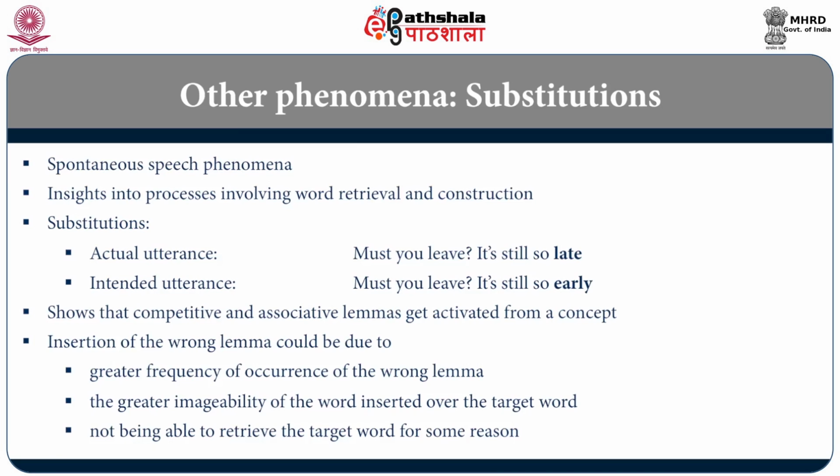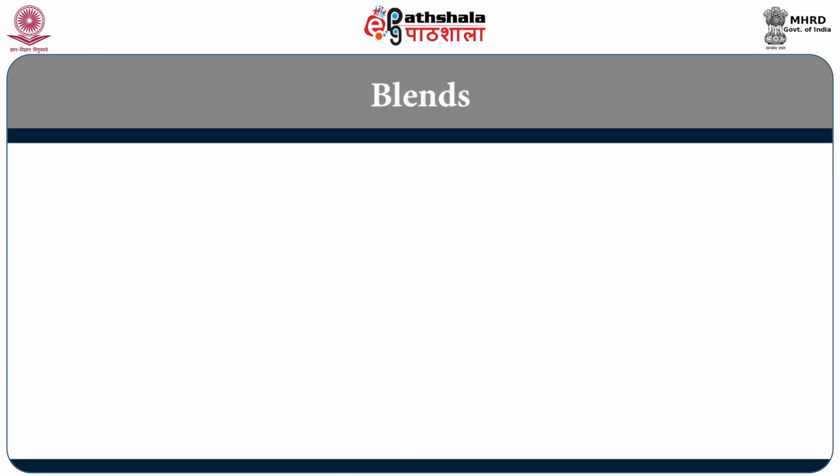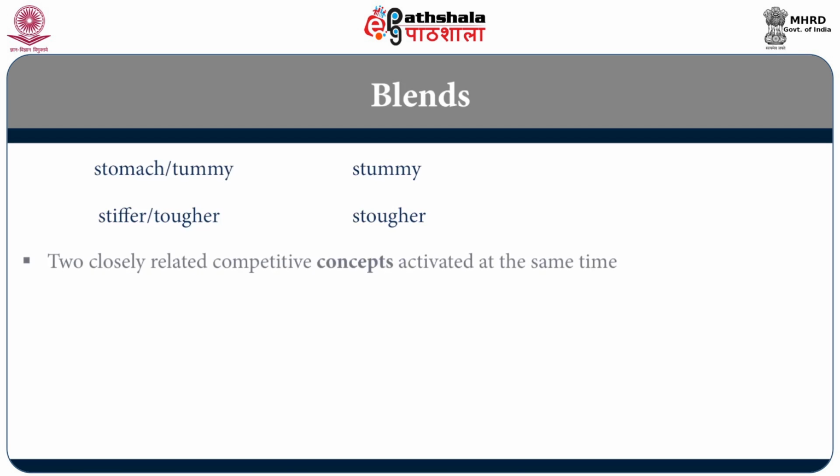Another set of phenomena that we often observe in spontaneous speech is blends. The examples given there are stomach and tummy lead to the production of stomach, or stiffer and tougher can lead to the production of stuffer.